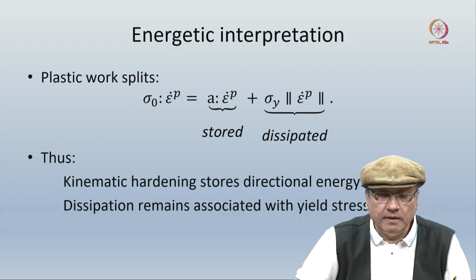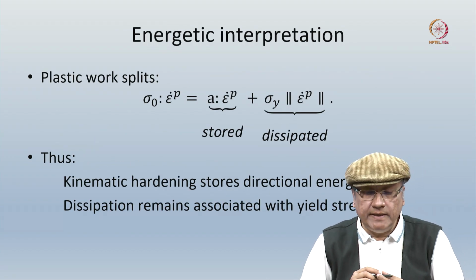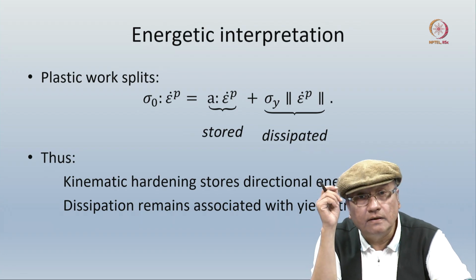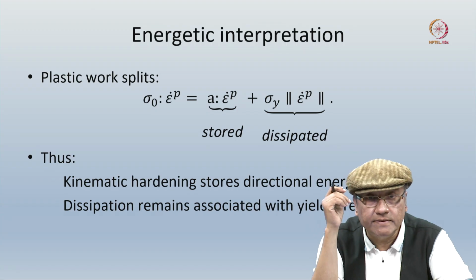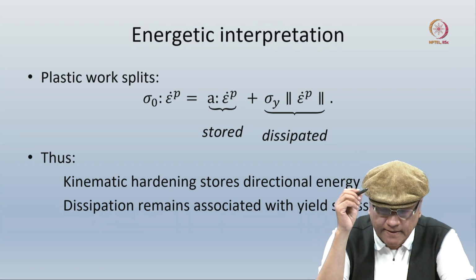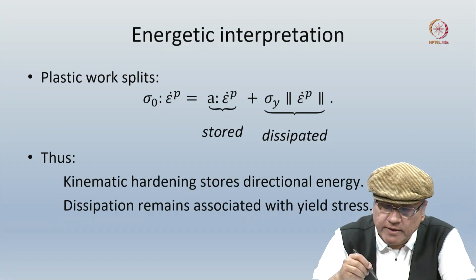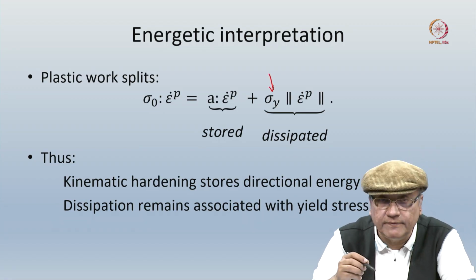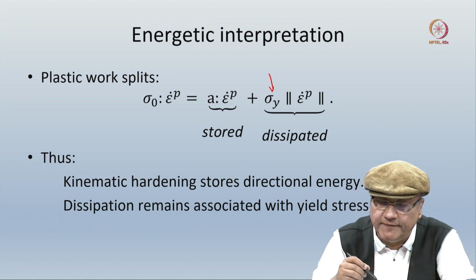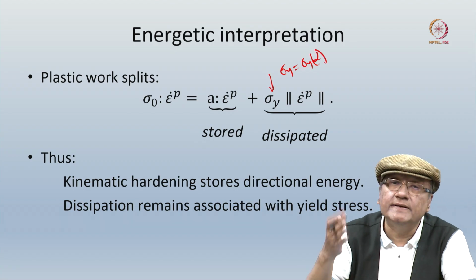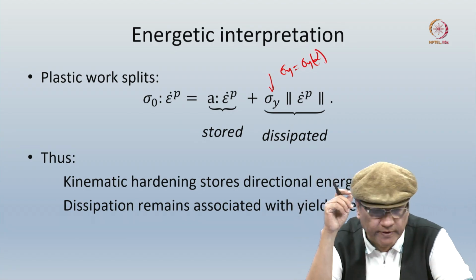So let us have the energetic interpretation of this kinematic hardening, at least. If you think of this sigma y as a function of the isotropic hardening alpha, so sigma y is a sigma y of alpha, then this can describe the combined hardening also, there is no problem, okay.